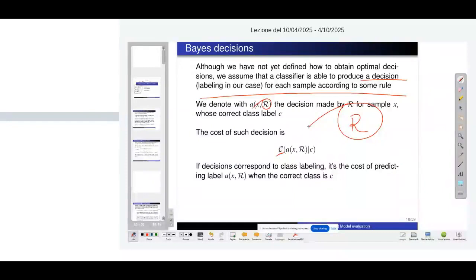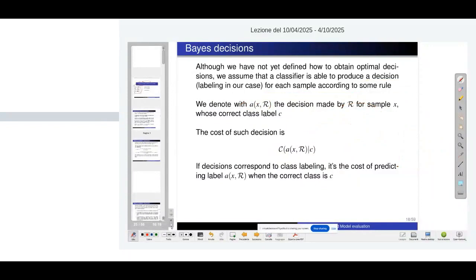But in general, a classifier is something that, given a sample, will give me an action to undertake. The action can be just a label if the action set corresponds to the label set, or can be any action. So for example, I give tomorrow's measurements of humidity, temperature, and so on, and the classifier tells me tomorrow take the umbrella. So in this case, the action does not correspond to the labels, but the classifier gives me an action for a feature vector x.